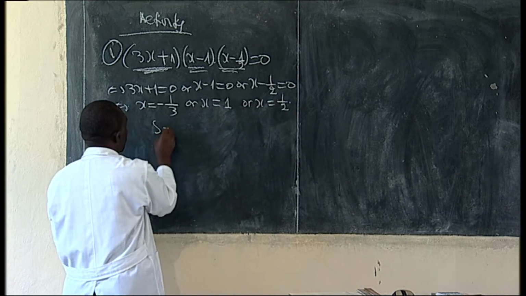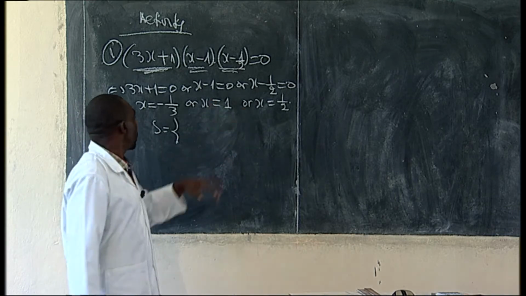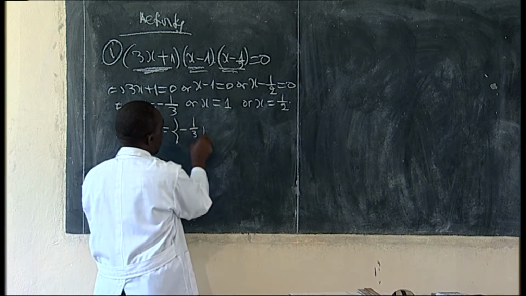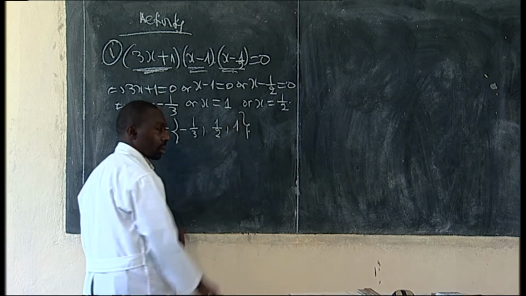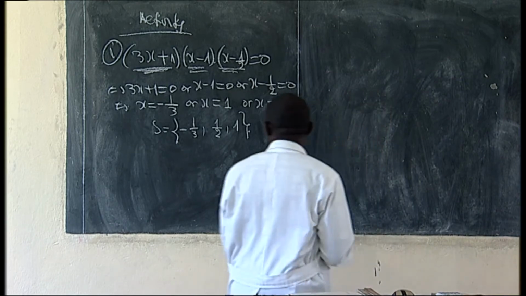So for the set of solution, we just list these 3 values of x, starting by the smallest one, -1/3, a half, and 1. It's solved.